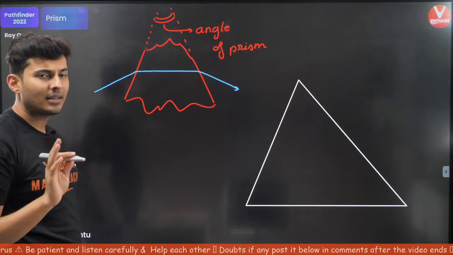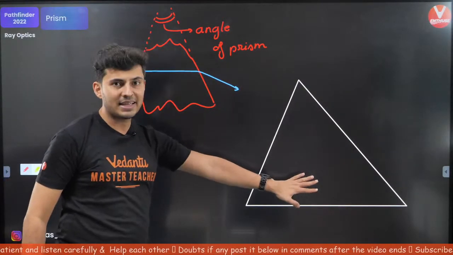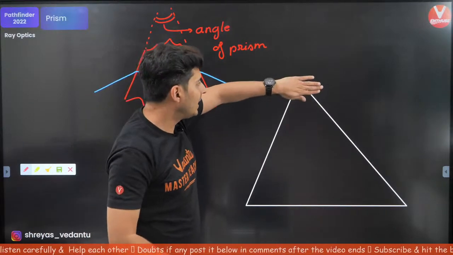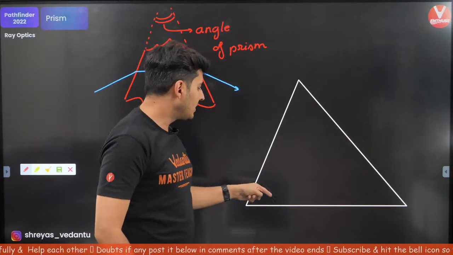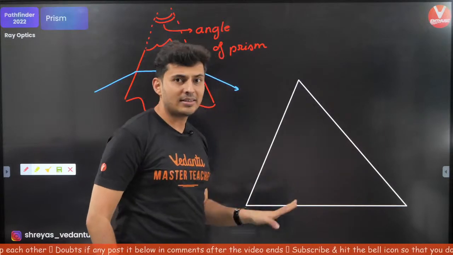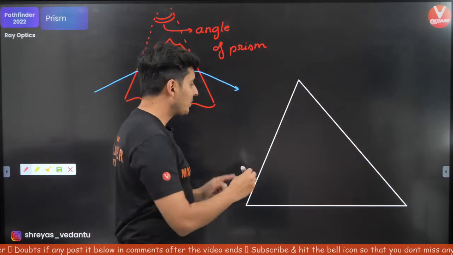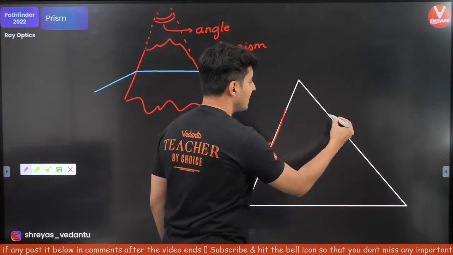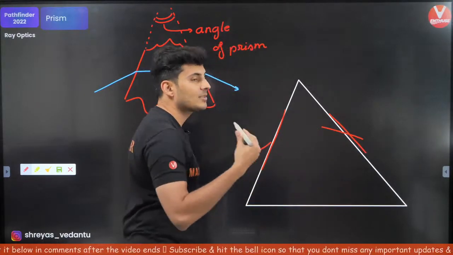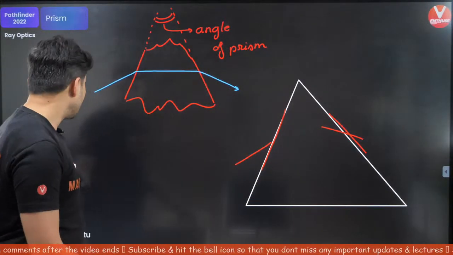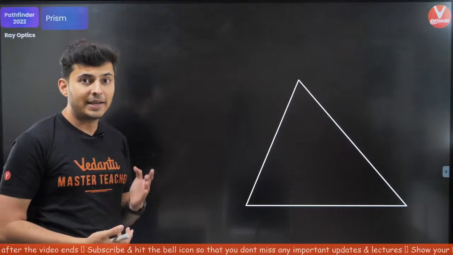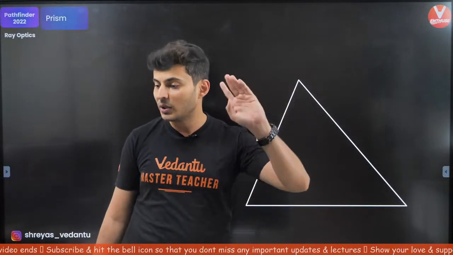As simple as that. In most of the books, the prism looks like this. But remember, if this part is not there, or if this part is curved or some haphazard shape, it really doesn't matter, because all that matters is this surface and this surface where the light is going to get refracted. Is that clear? Have you developed a new idea of a prism? How many of you did not know this?